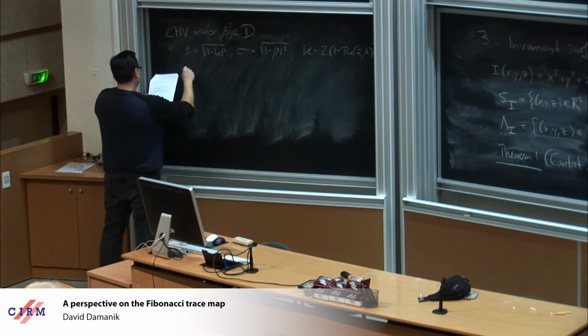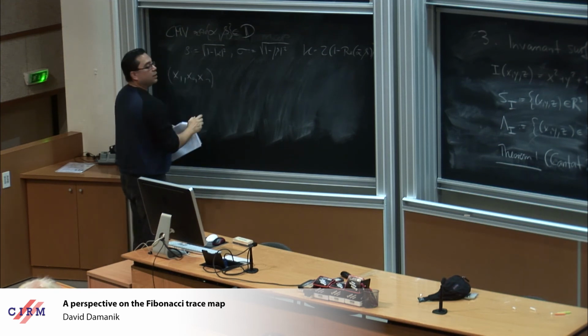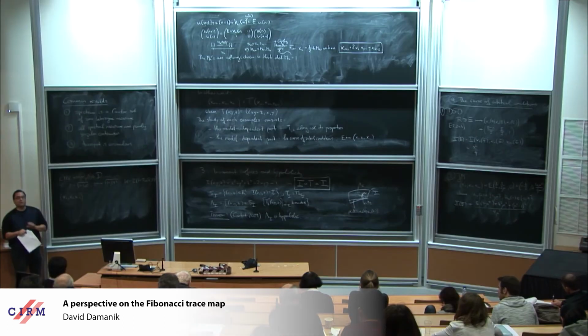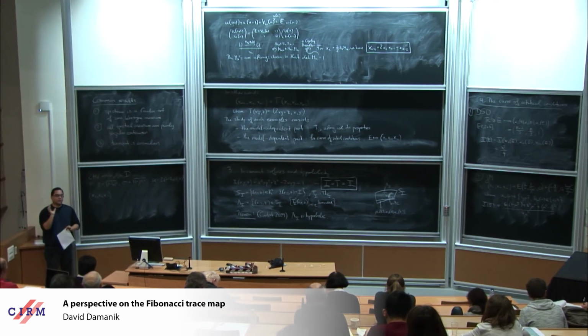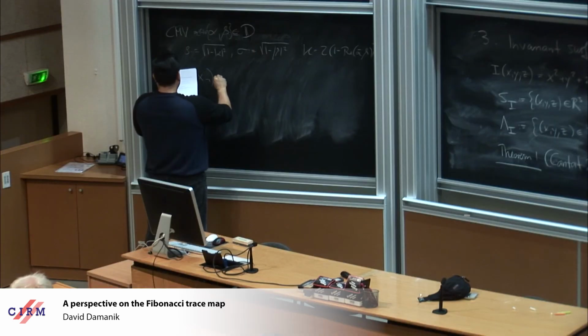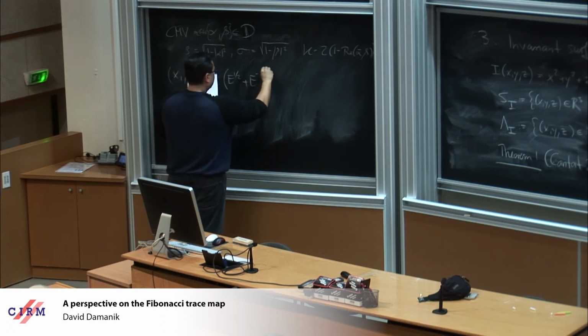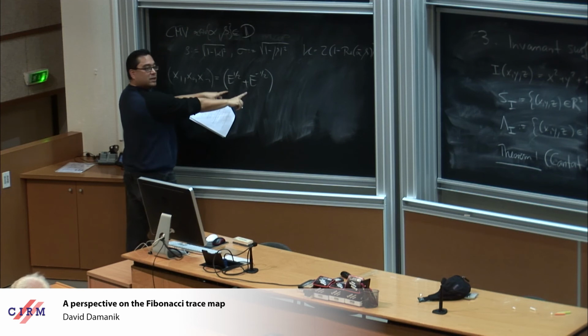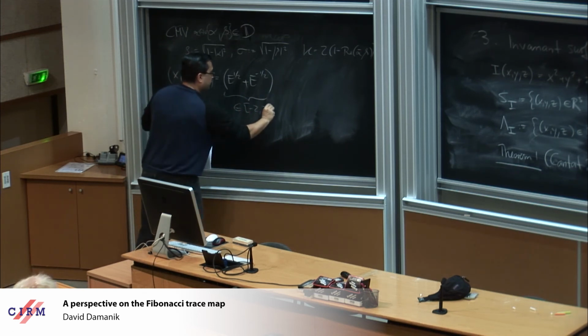So x 1, x naught, x negative 1, the curve of initial conditions. And now E is on the unit circle. Remember I said that the CMV matrices are unitary operators. The relevant spectral parameters are on the unit circle. So here you get E to the 1/2, E to the negative 1/2. And because E is on the unit circle, this lies in a real interval.